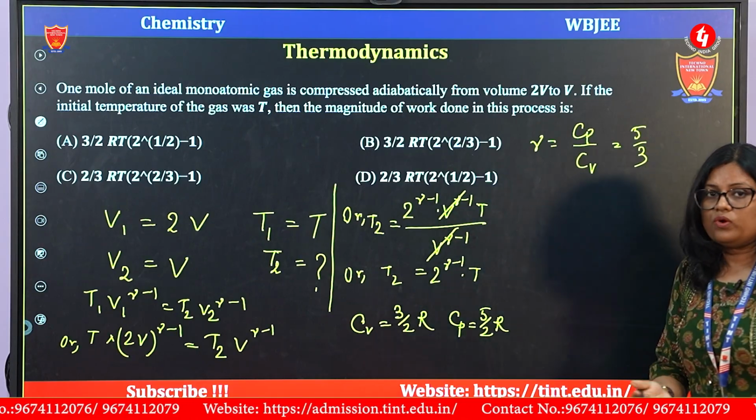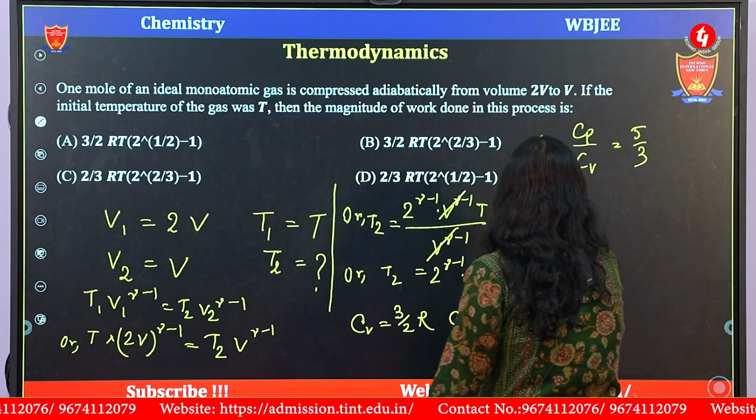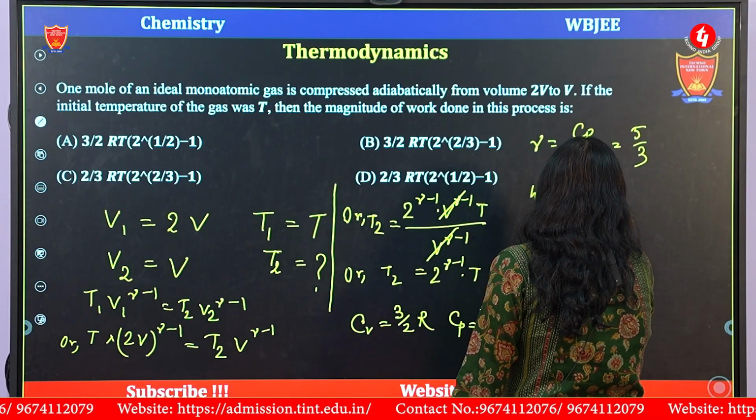Now, I am going to the expression of work done, which is equal to Cv (T2 minus T1).